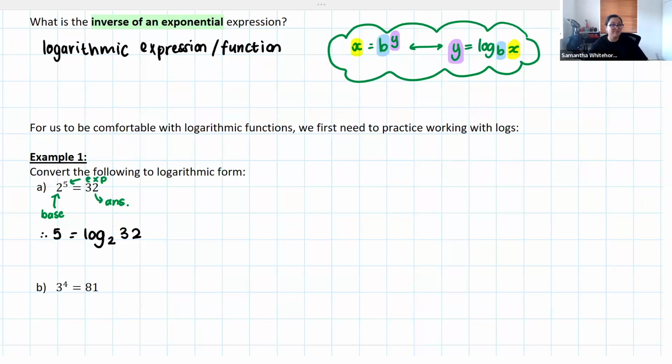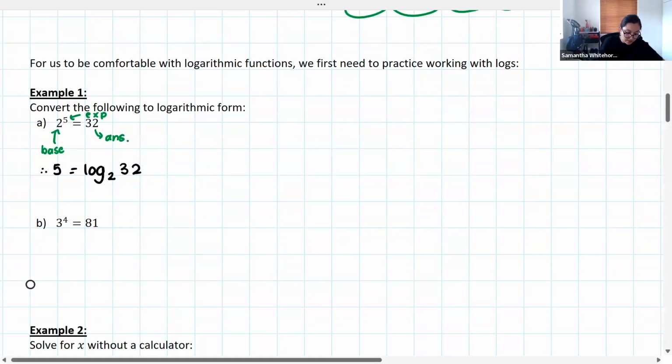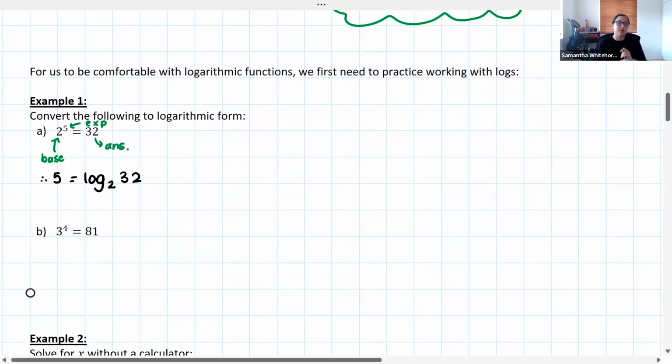Okay, so again, we're just practicing converting, nothing super fancy. We just want to be able to do it. So I want you guys to try for me question B. I want you to convert 3 to the power 4 equals 81 to a log expression. Take a minute, see what you get.